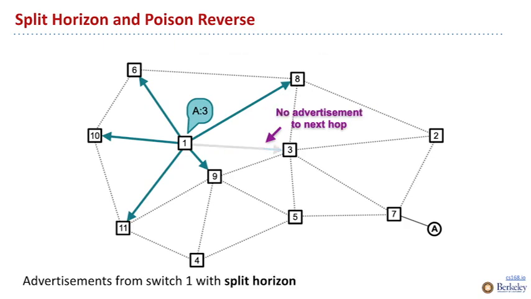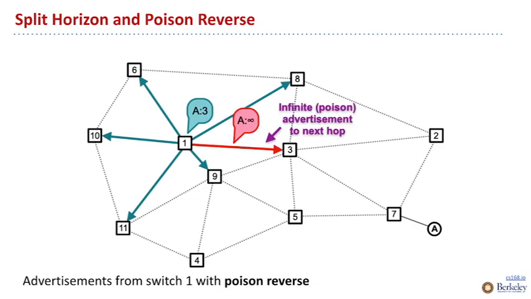In a world with split horizon, it's still going to tell all of its neighbors, but it's going to be silent to 3 specifically. It won't say anything. And in a world with poison reverse, it's going to tell everyone, but it's going to lie specifically to 3. So instead of sending nothing, it's going to send, I have a path, but it's cost infinity, so you better not give me any packets.